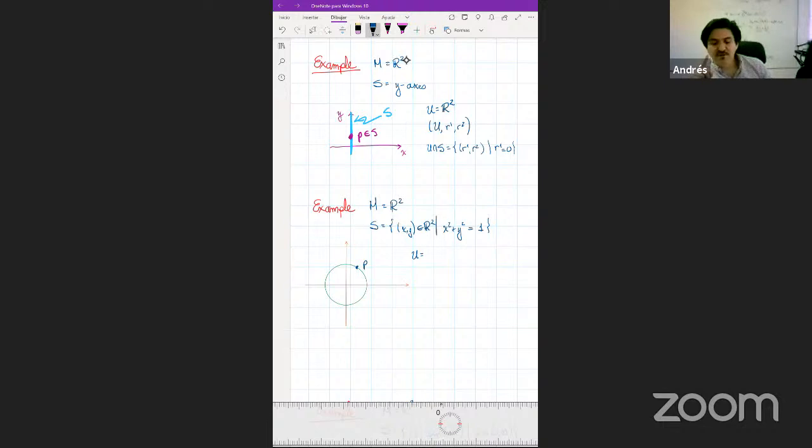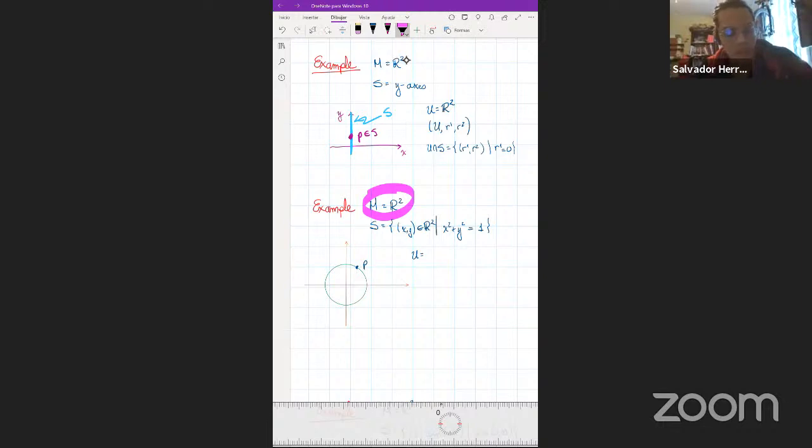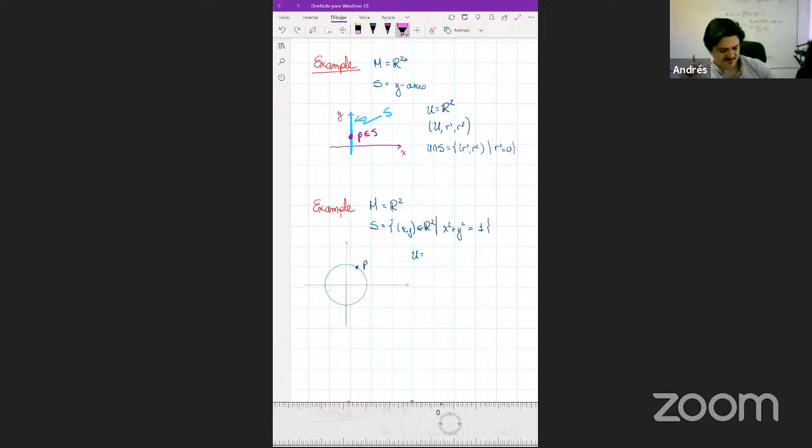No, U has to be a chart of R2, of M. Right, sorry. I want a chart in M, and then I have to intersect. So, what you were saying is when we know that the circle is a manifold and the charts of the circle.